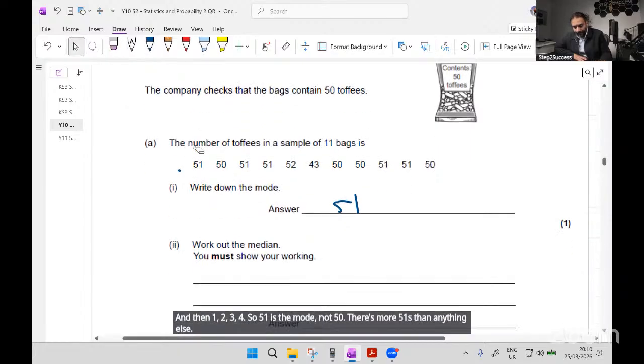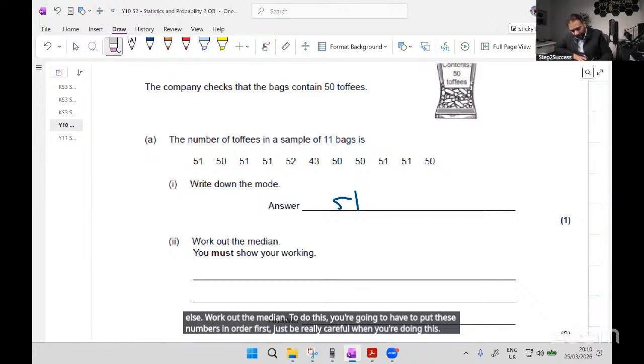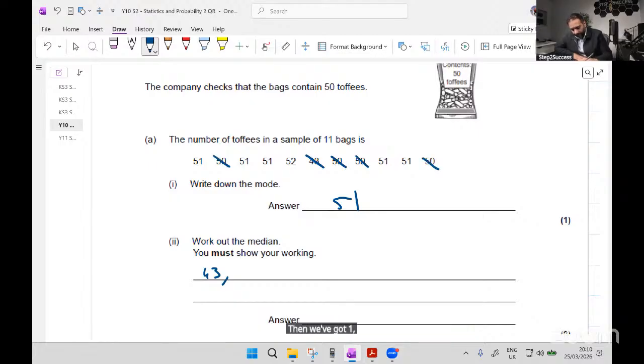Work out the median. To do this, you're going to have to put these numbers in order first. Just be really careful when you're doing this. So the lowest number is 43. Just cross it out as you go. Then we've got one, two, three, four 50s. Then we've got one, two, three, four, five 51s.